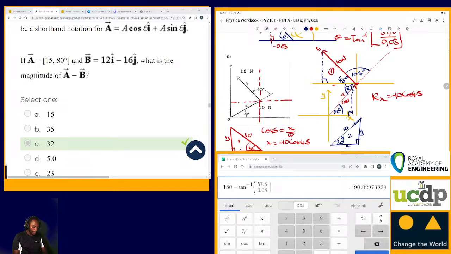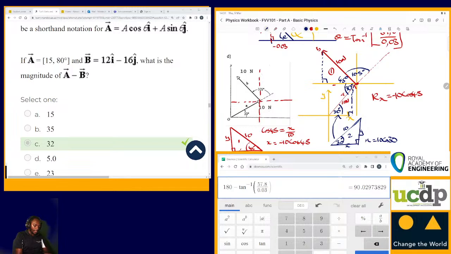This is triangle number 2. So we are looking for the adjacent, as you can see. So our x will be 10 cos 30.